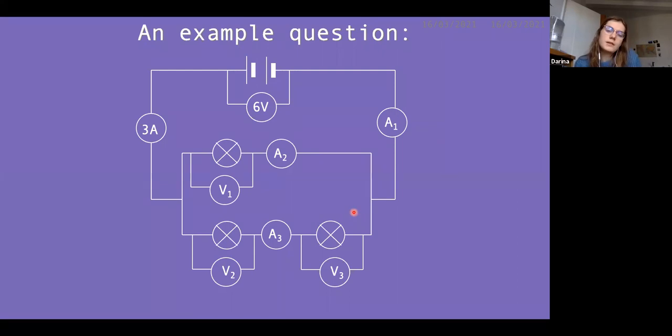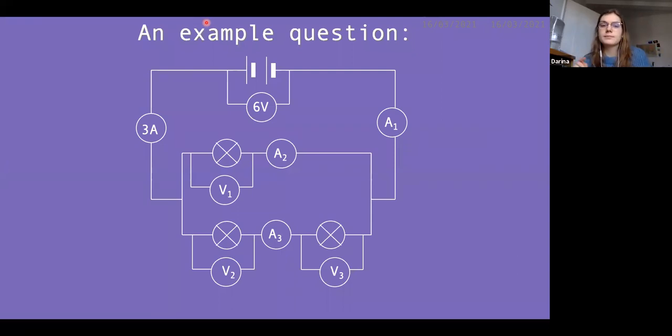Because here, as you said, it does split, we've got those 2 identical bulbs on the bottom part. What do you think? Any suggestions?